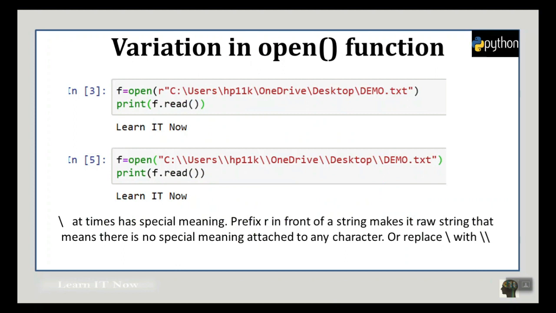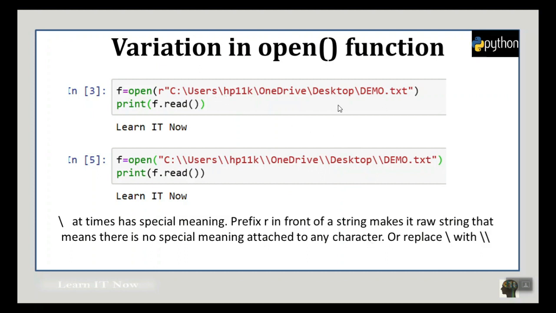Now at times when you write the absolute path, the file does not open. So you need to write either R in front of your absolute path, or you need to replace the single backslash with double. If we prefix R in front of a string, it makes it a raw string.